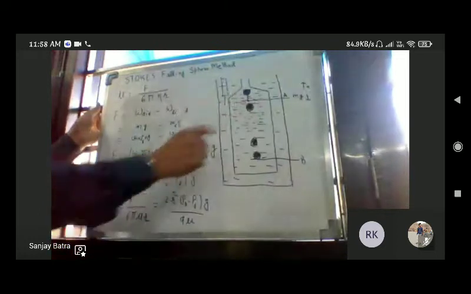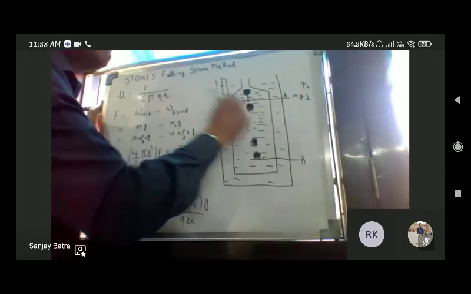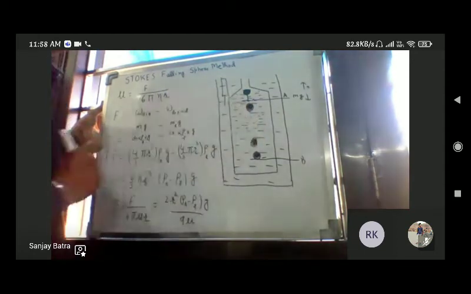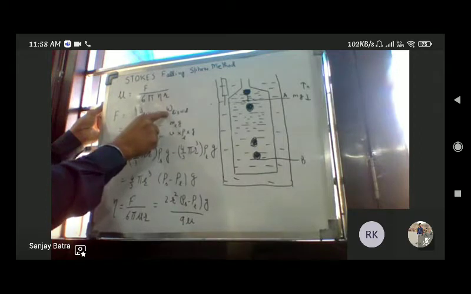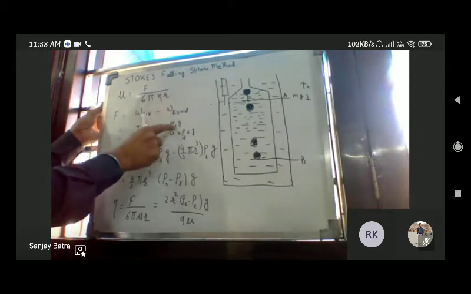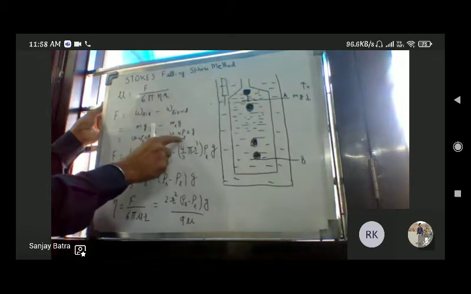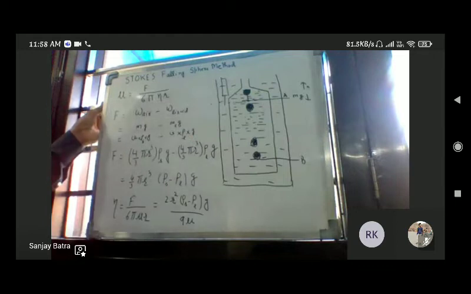Aapne padha na Archimedes principle. The mass of a sphere is equivalent to the mass of liquid displaced by it. So this is again mass; we normally say weight in liquid, but it is equivalent to the mass of liquid displaced. Again we write it as mass into g, and mass is again volume into density of the liquid and g. Samajh mein aa raha kya?